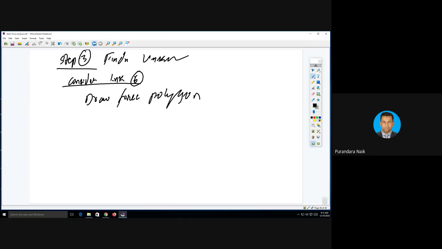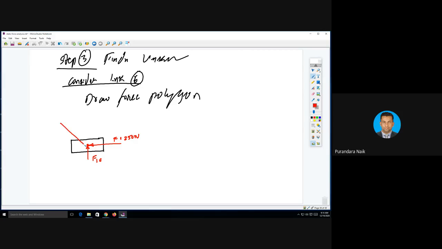Now I'm going to draw the piston's force polygon. You can draw a free-hand sketch, no problem, because we have already done it to actual scale. This is F, equal to 250 Newton. One more force is the upward force, F16.